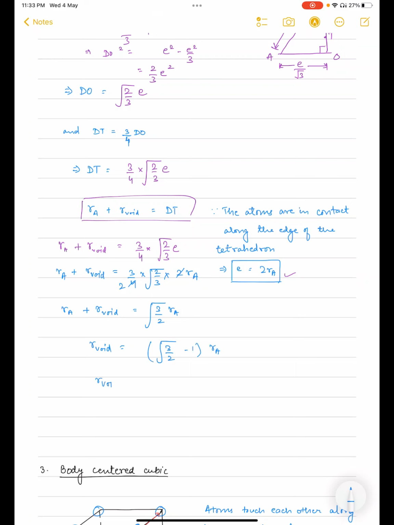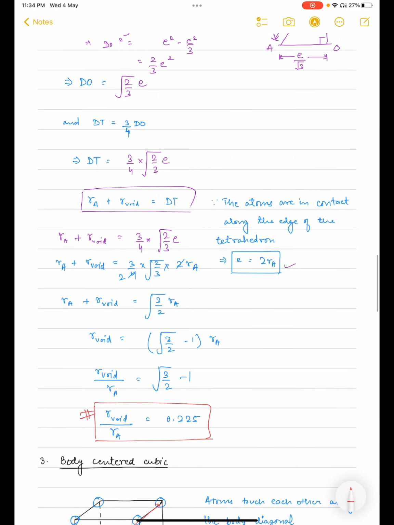So R void by RA becomes under root 3 by 2 minus 1, and this is equal to 0.225. So this is the ratio of the largest radius of the void to the atomic radius for tetrahedral void in FCC.